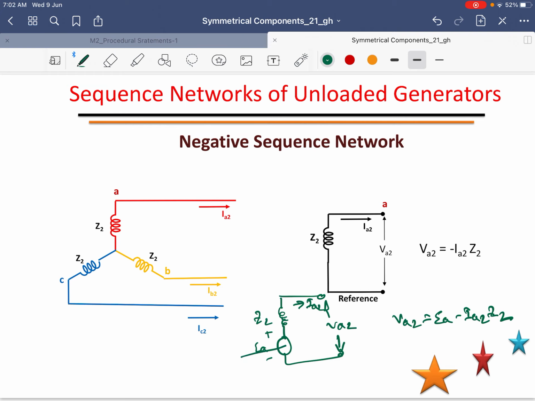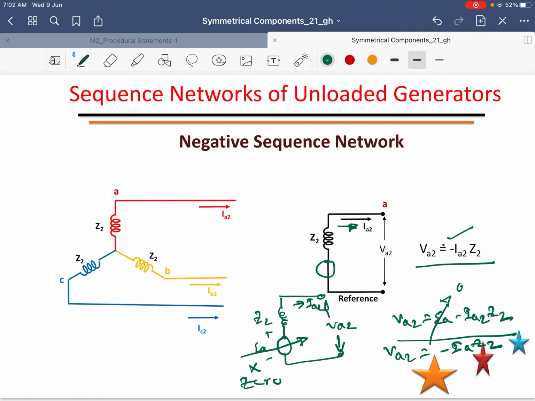However, in the negative sequence you don't have a source of voltage, so EA is 0. Therefore, VA2 is equal to minus IA2 Z2. Without any source, the current is entering into the network, not going away. But the convention of drawing the sequence network is that the current direction is I2. Therefore VA2 is expressed as minus IA2 Z2.